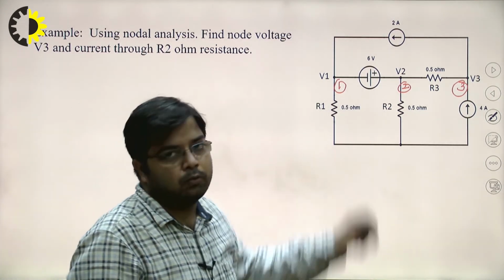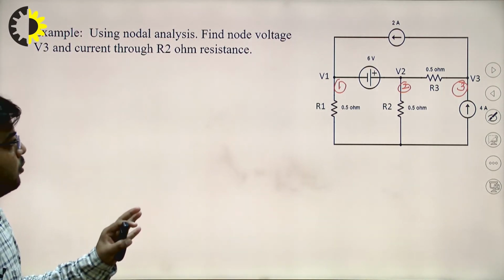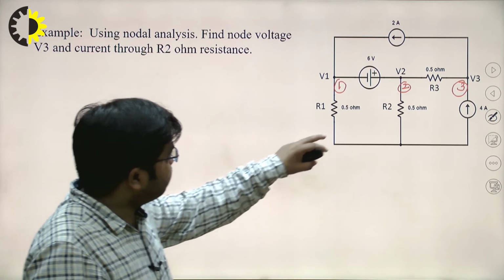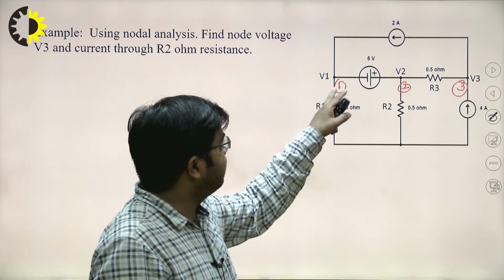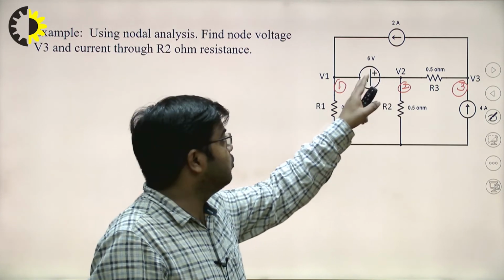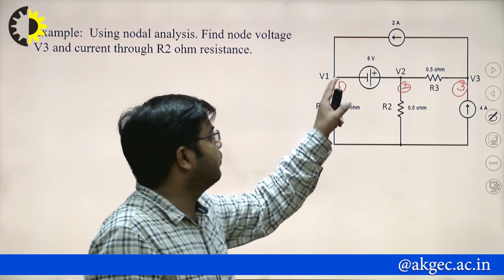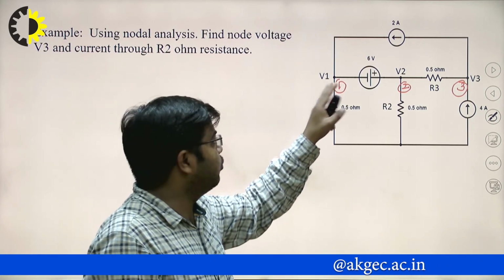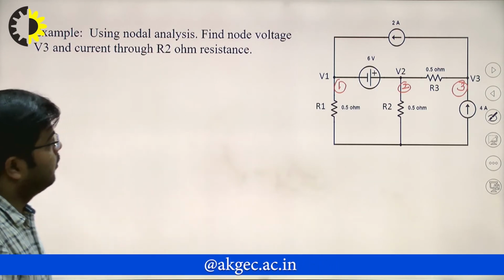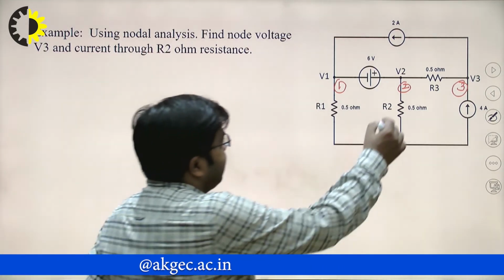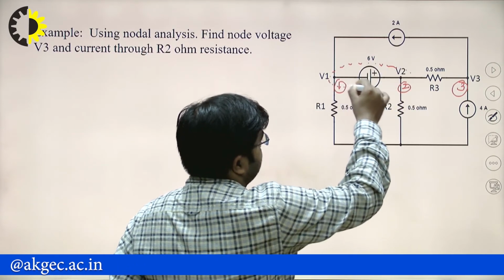Again, this is an important question, because here this 6 volt voltage source is connected between node 1 and 2, there is no resistance. So how can you write this KCL equation at node 1 or at node 2? Okay, so you can combine these two nodes as a super node.